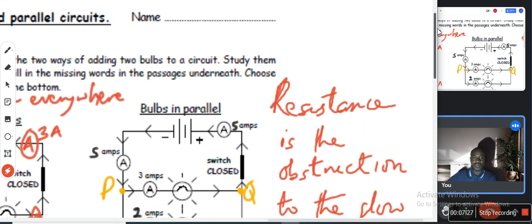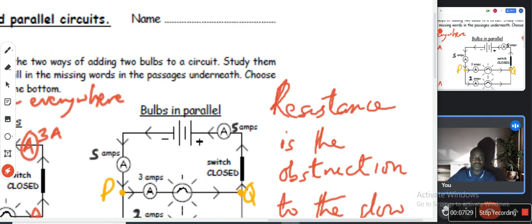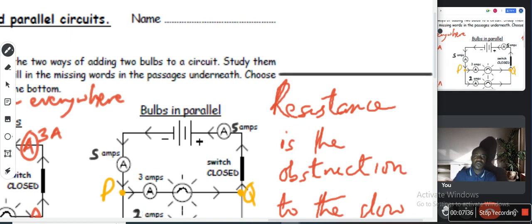So can I write that down? Let me note it down here. In a parallel circuit, what kind of color can I use? Please go to the right, top right. That's where I'm writing it.